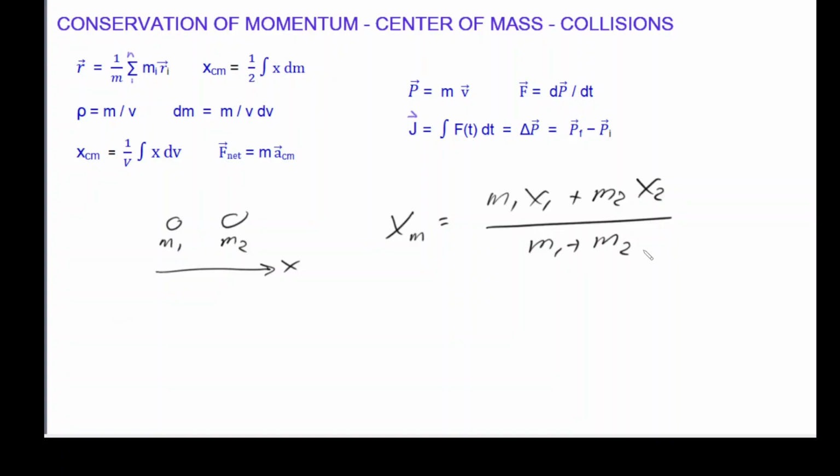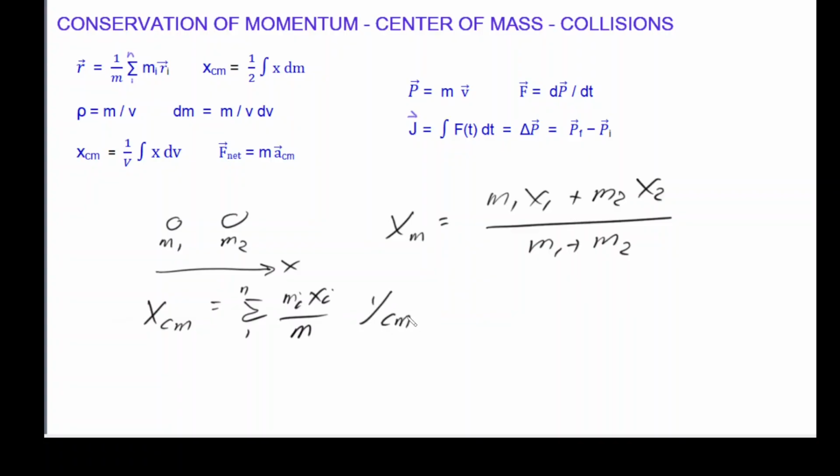If we're looking at 3 dimensions, then the center of mass x is equal to the sum from 1 to n of mi xi over total mass.